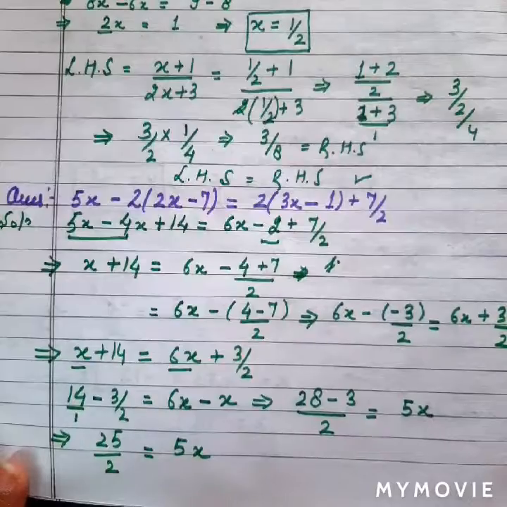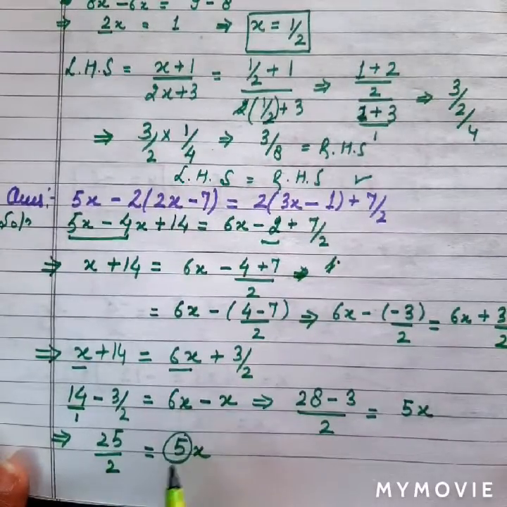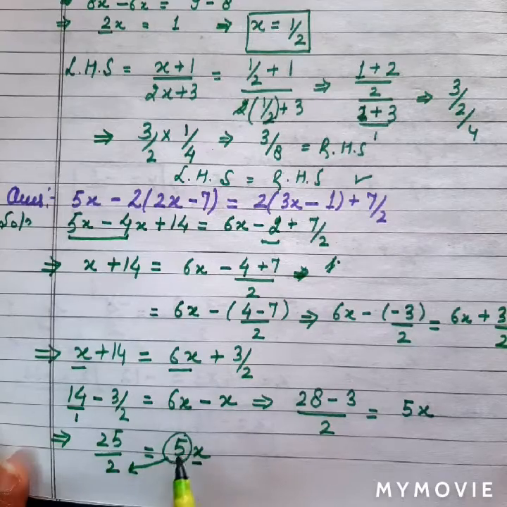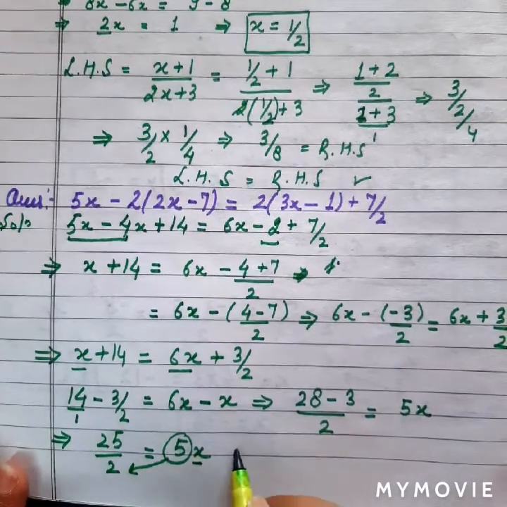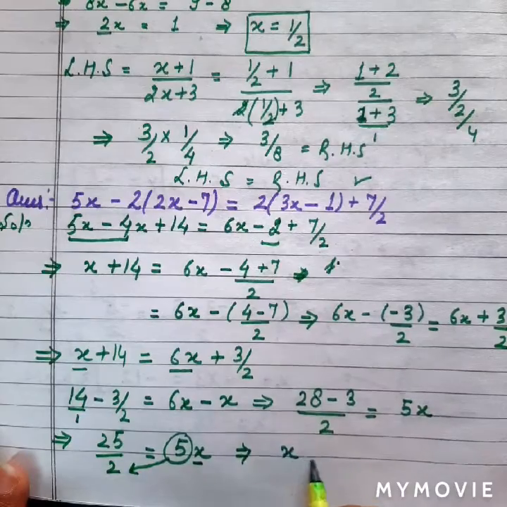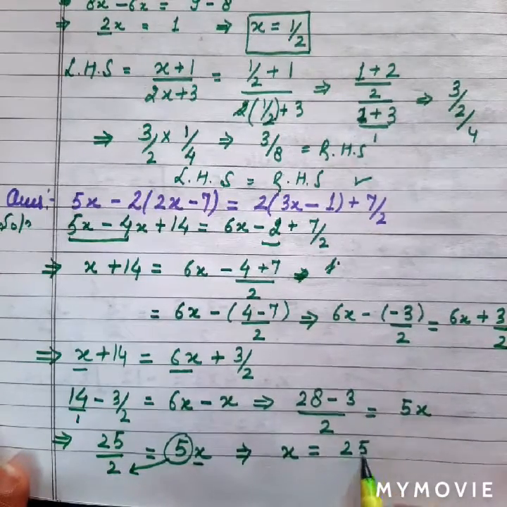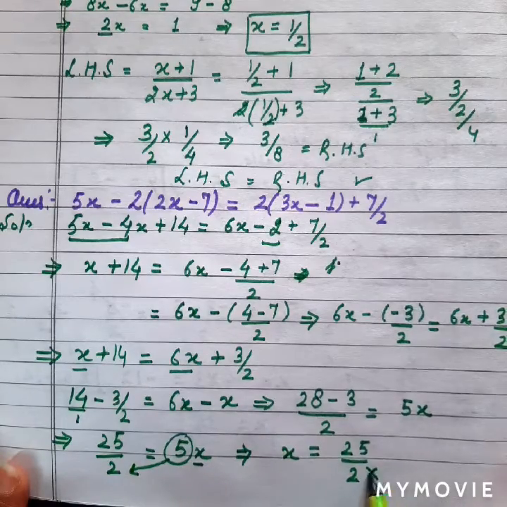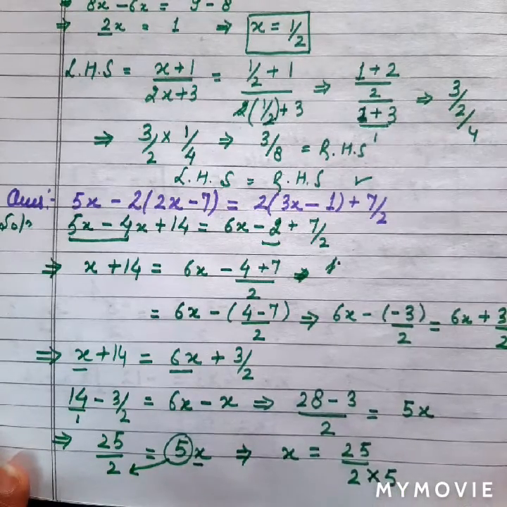And when 5 is taken on the other side of the equality, because we need the value of x only, so obviously we want to make x free of this numeral also, so we will take this on the other side of the equality, and what it will become, x is equal to 25 upon 2, it is multiplied, and when it is taken on the other side, it will be in division form.